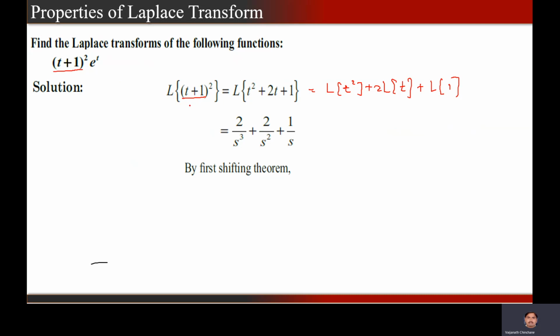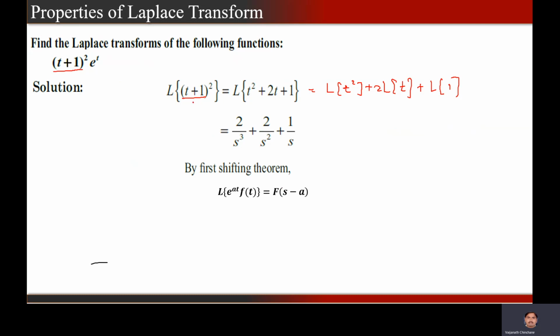Now we multiply this t plus 1 whole bracket square by e raised to t. Due to that, we use first shifting theorem, and the statement is L of e raised to at f of t is equal to F of s minus a.